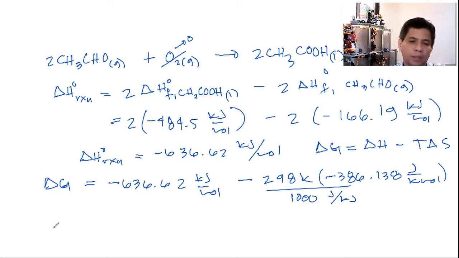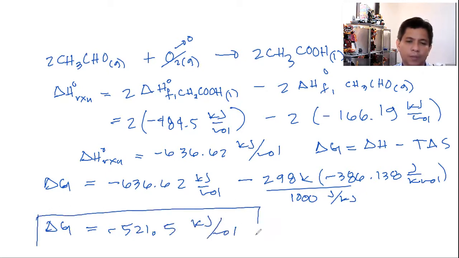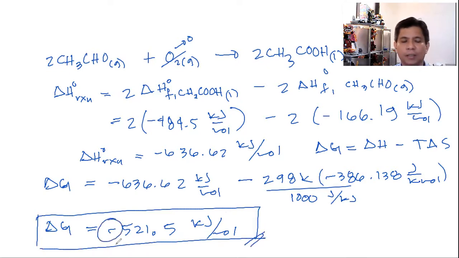And then just simply use your calculator. You're supposed to get something like negative 521.5 kilojoules per mole. So, anong ibig sabihin? How do you interpret this delta G with a negative sign? Ibig sabihin, this reaction, ethanol, will react with oxygen spontaneously to produce acetic acid.